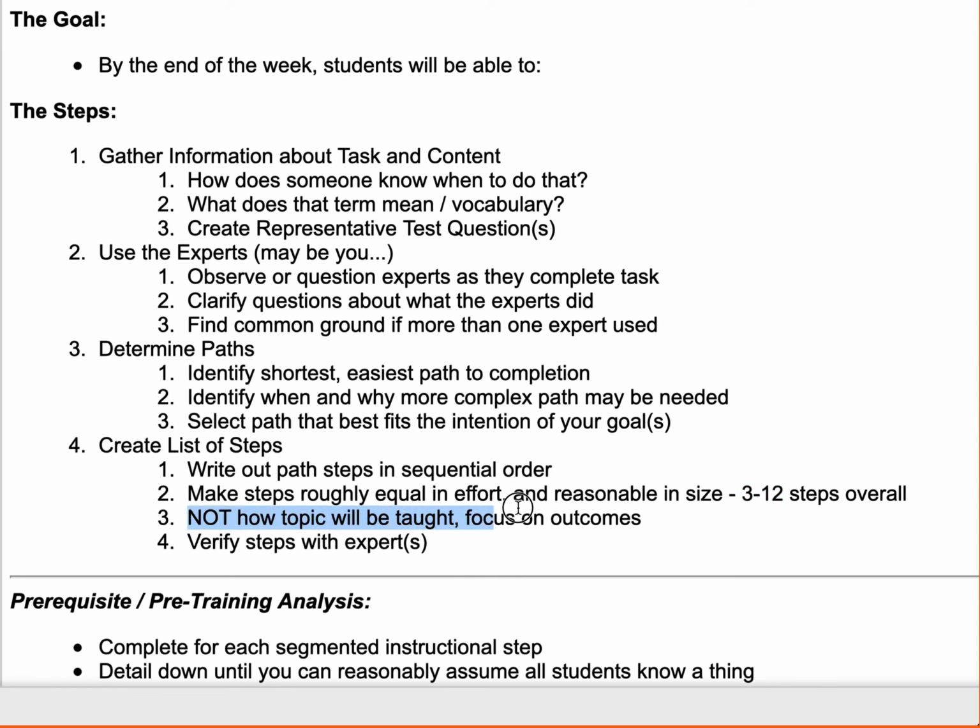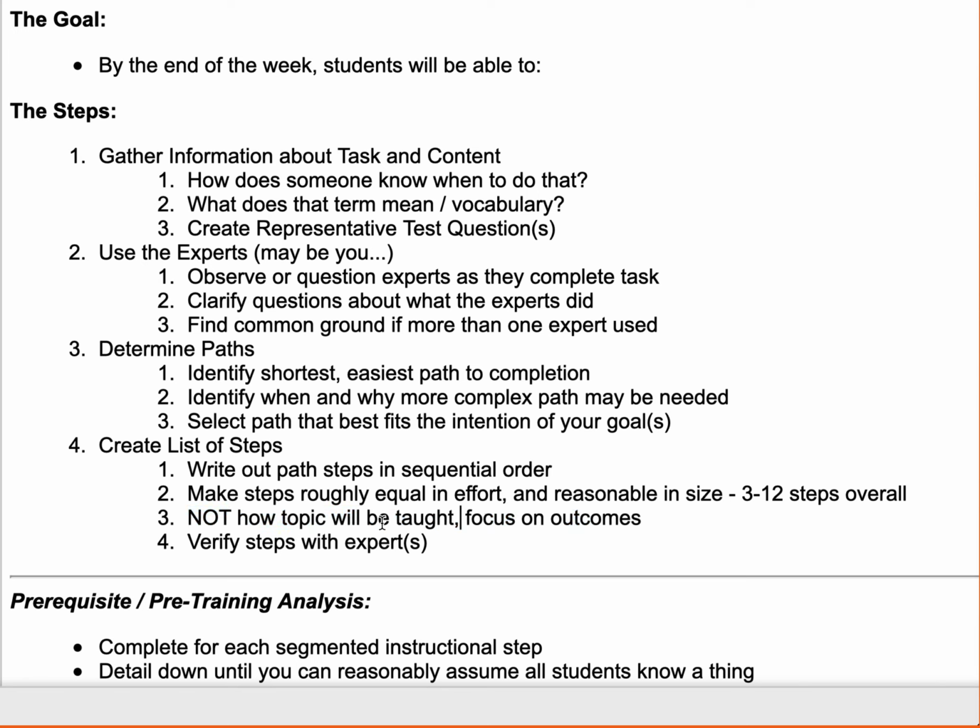These steps are about the outcomes of each step, not about what you're going to do to teach it, if that makes sense. So a step wouldn't be the students are going to read this book or read this chapter.